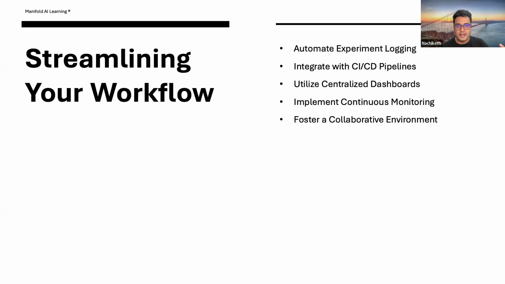Another best part is that we can automatically log as well. Whenever an experiment is happening, we can automate the experiment logging, for example into a database. Let's say there are five people working on a machine learning project; five different folks will be working, and they are going to log into a single database.